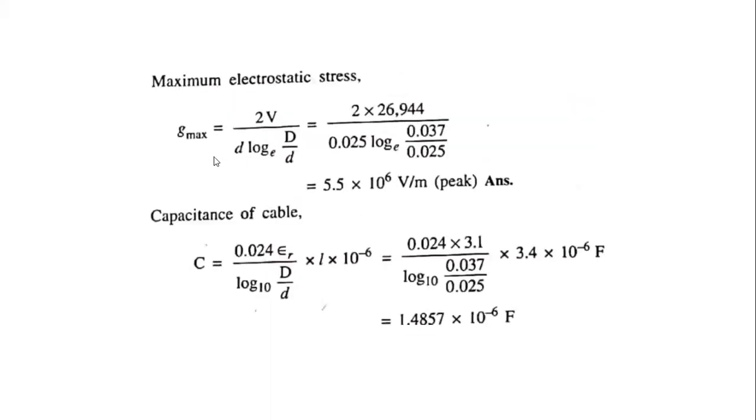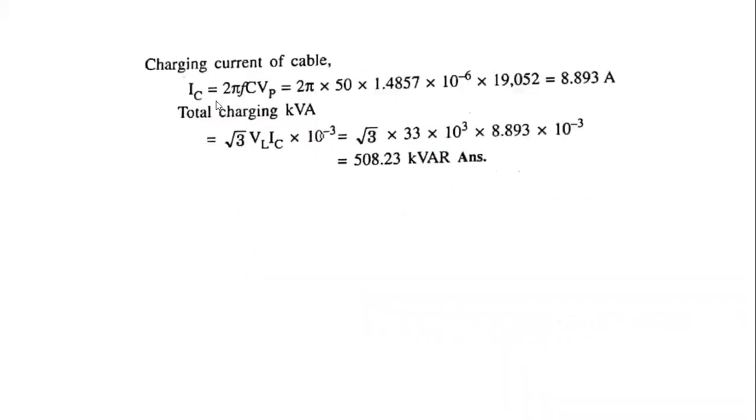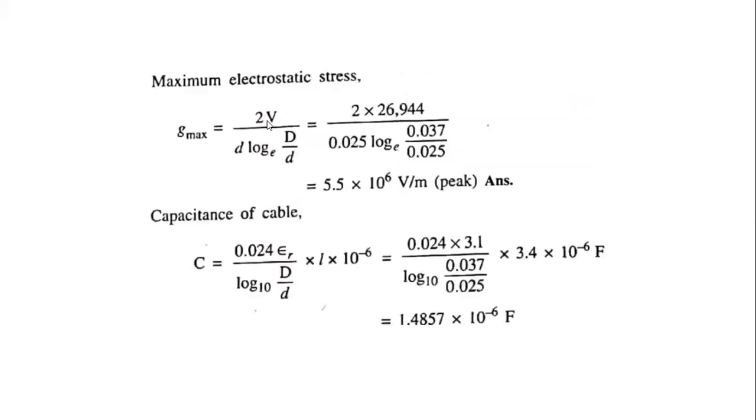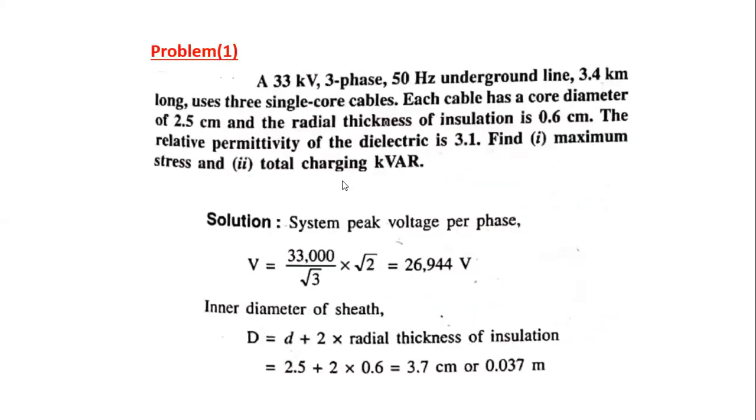These are the problems related to the electrostatic stress and the capacitance of a single core cable. This is the charging current formula and the charging kVA. By using these formulas, we calculate the charging currents, the dielectric stress and the capacitance values. Understand?